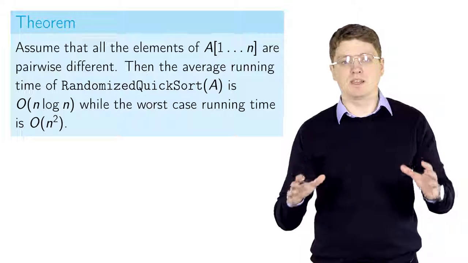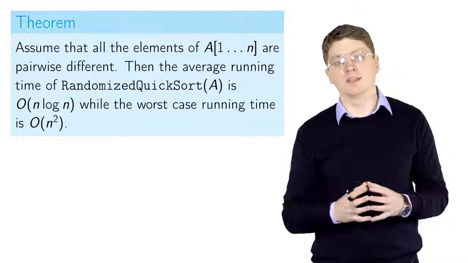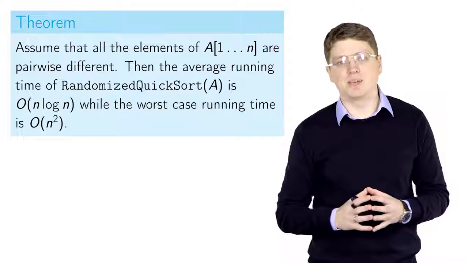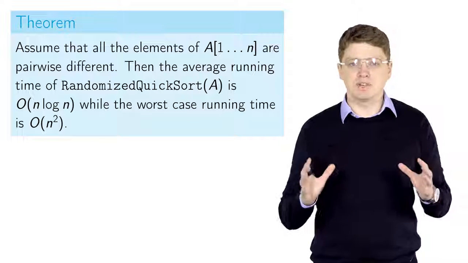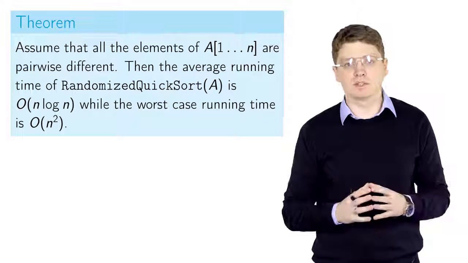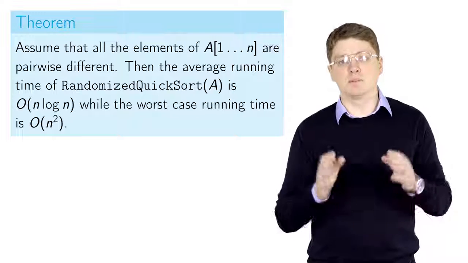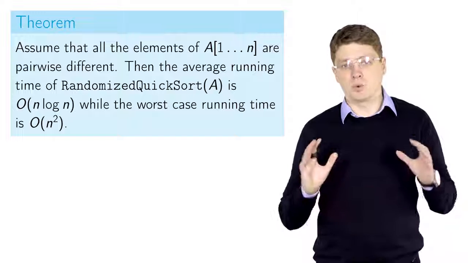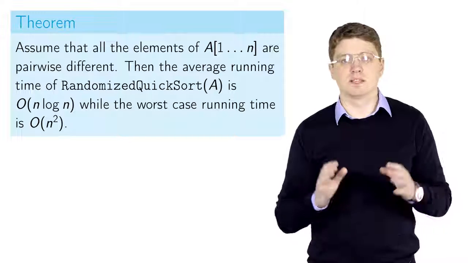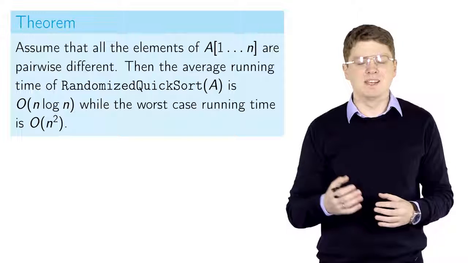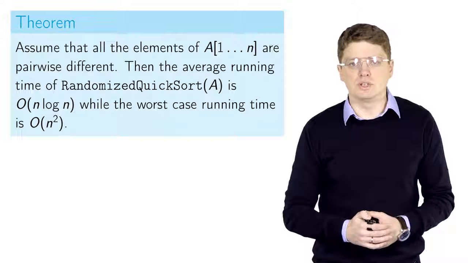So assume that we're given an array A, and assume for the moment that all the elements of this array are pairwise different. Then the average running time of the quicksort algorithm on this array consisting of n elements is O(n log n), while the worst case running time of this algorithm is n squared. Let me explain the word "average" here.